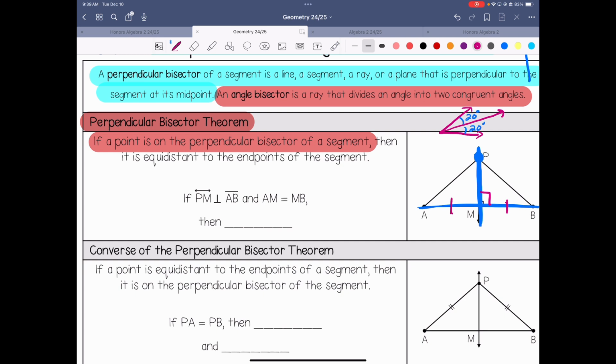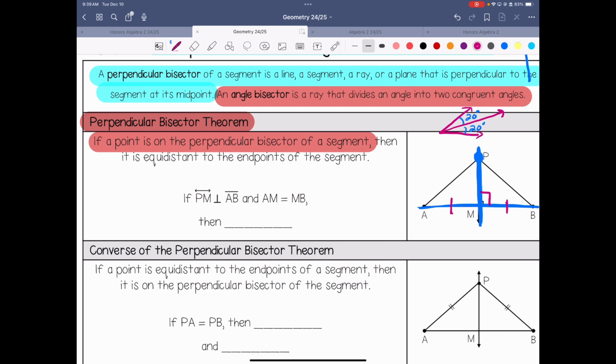So if that happens, then that point P is equidistant from the endpoints of the segment that it was a perpendicular bisector to. So on this drawing, PM is a perpendicular bisector to AB.